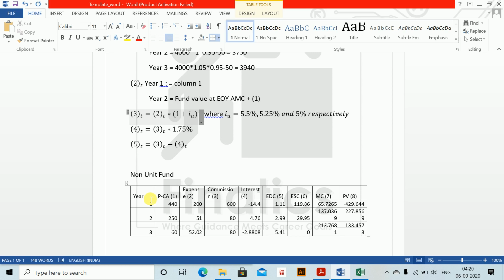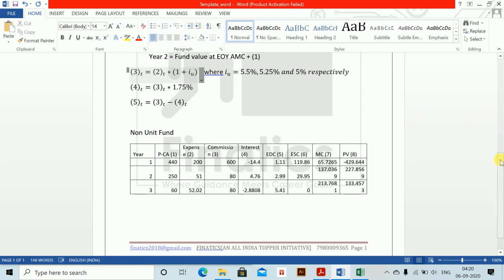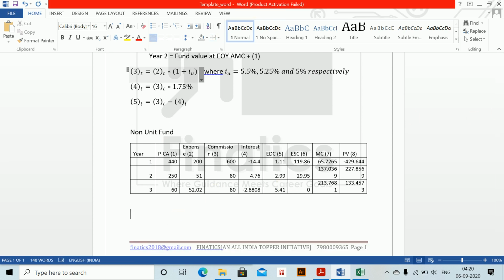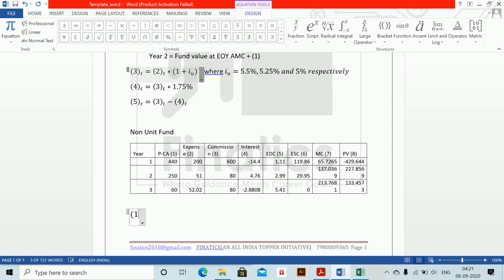Okay, so till profit vector we have taken out. So till profit vector we will write, first, 1_t is equal to nothing but premium minus 1_t of the unit fund table.